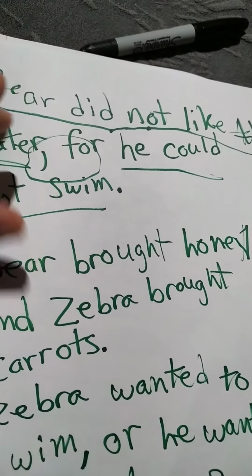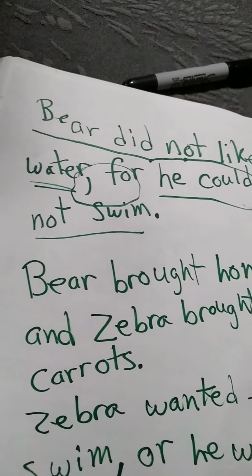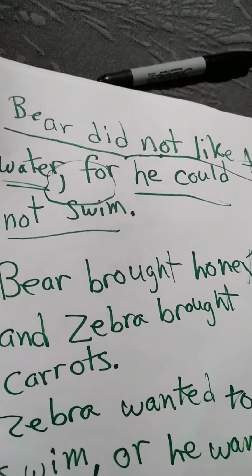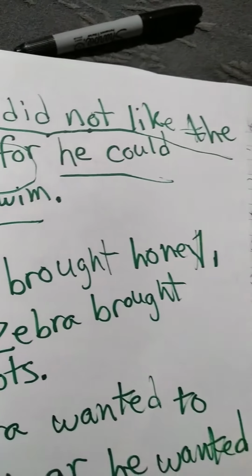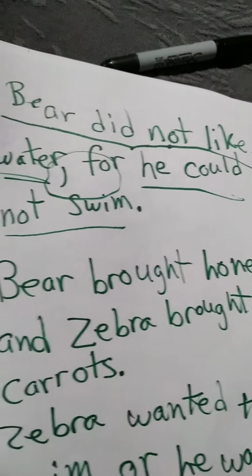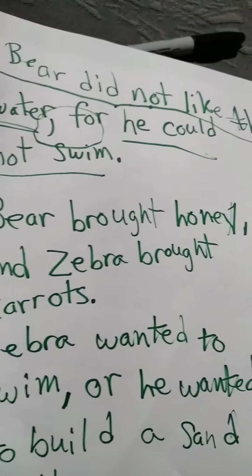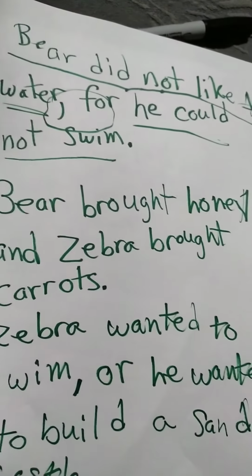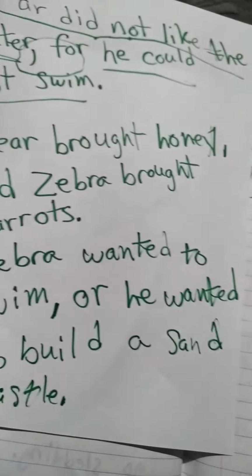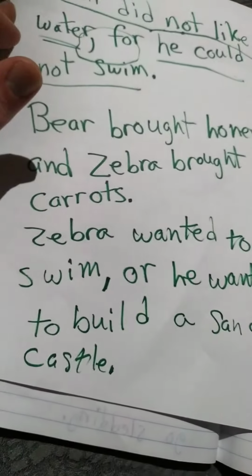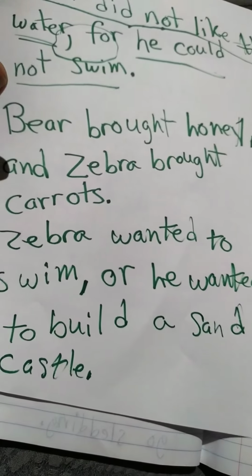Bear did not like the water, but he could not swim. That doesn't really make sense. Bear did not like the water, for he could not swim. Oh yeah, that does make sense. Okay. Bear brought honey, comma, and Zebra brought carrots. Zebra wanted to swim or he wanted to build a sandcastle.